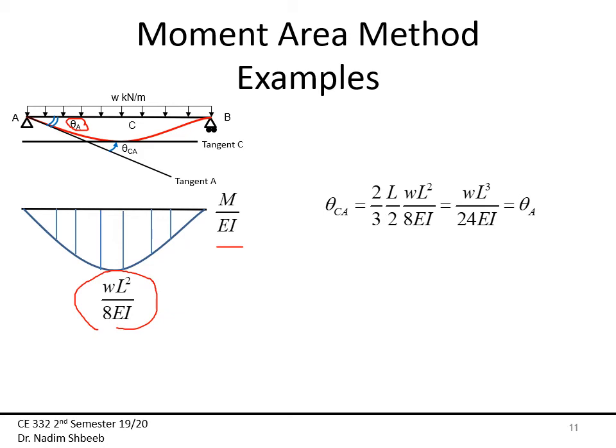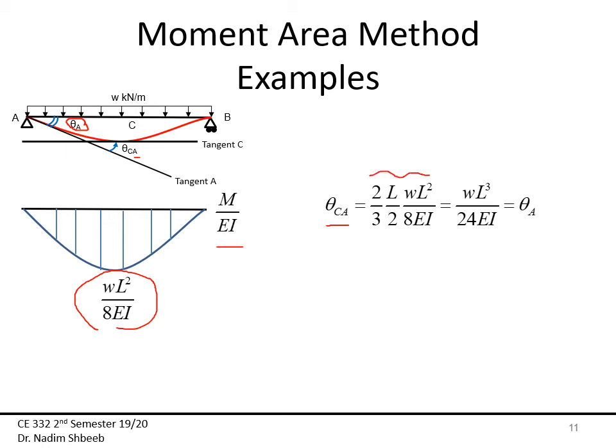So by invoking the first theorem, theta CA, again, the angle between the two tangents A and C, measured from A, is going to be 2/3, which is the area of the first area that I showed you, times B, which is L over 2, times the height WL² over 8EI.